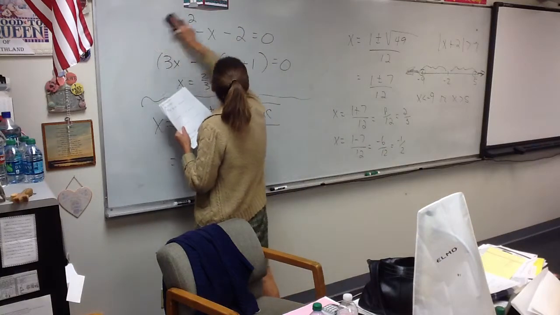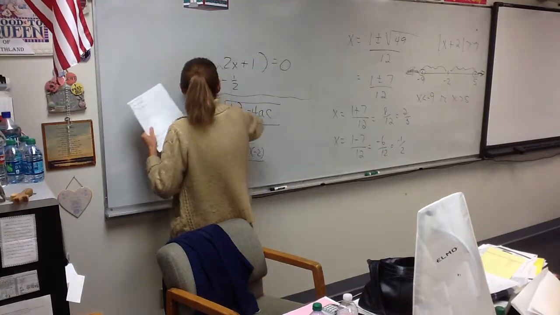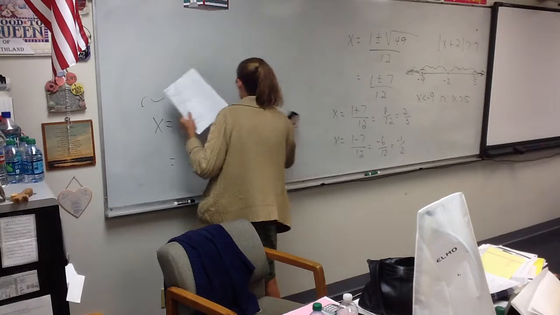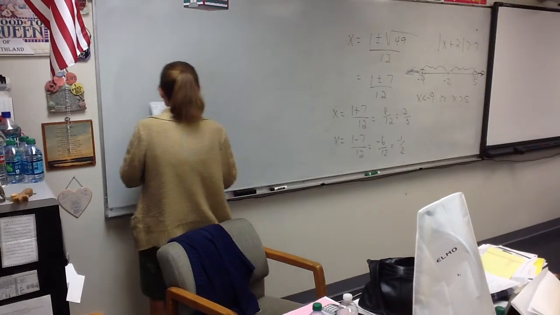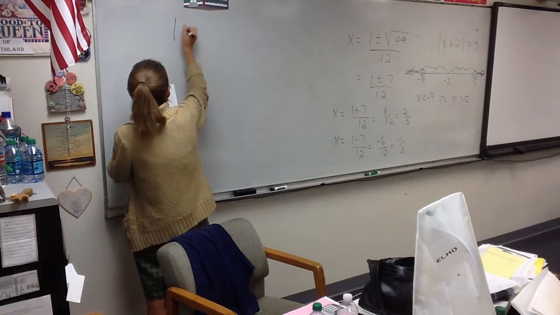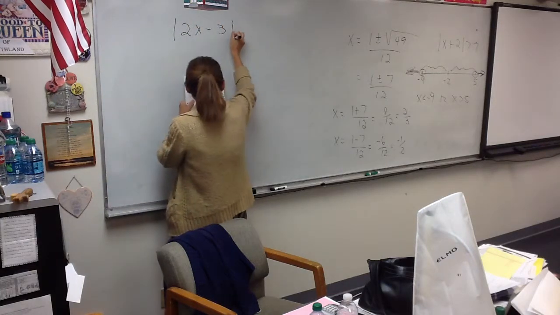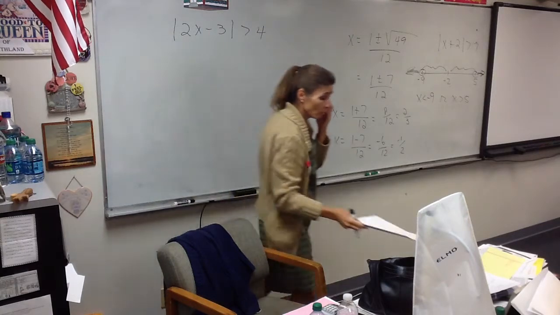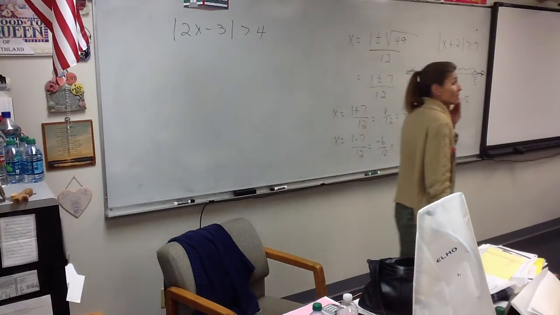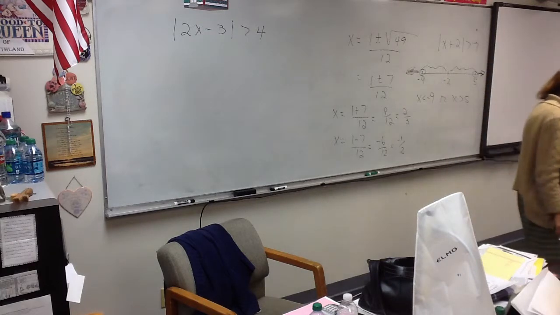Now the problem in last night's homework that corresponds to that, we'll do it for extra practice now that we've done that one. The one that corresponds is 1B, and it looks like this. Now this is harder. What makes that one harder? The 2x. So do you remember how we took care of that?